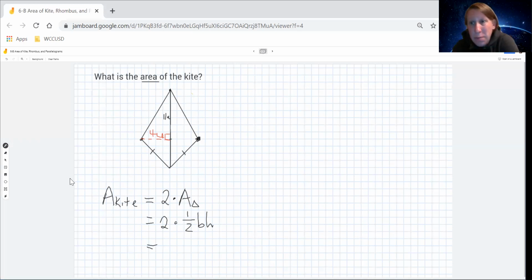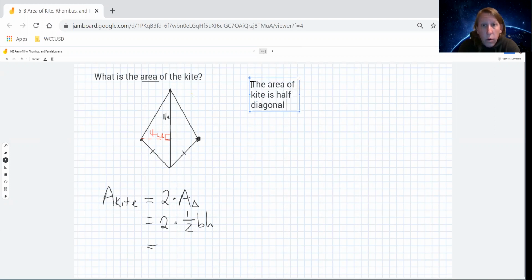Another way, this is my favorite area formula. I like the one for regular polygons. It's one of my favorite formulas. So the area of a kite is half diagonal 1 times diagonal 2. What the heck? Let's see what that looks like.